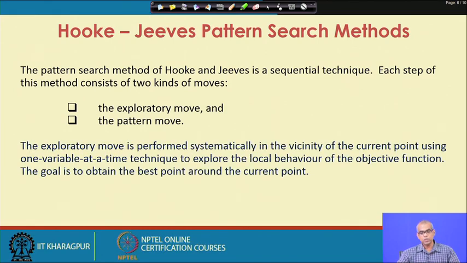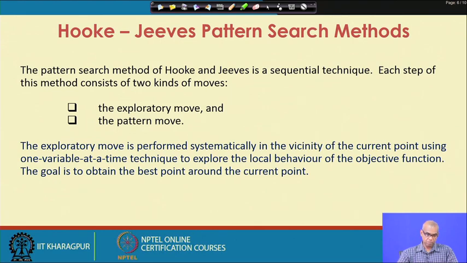The exploratory move is performed systematically in the vicinity of the current point using one variable at a time technique, that means univariate search technique, to explore the local behavior of the objective function. The goal is to obtain the best point about the current point.